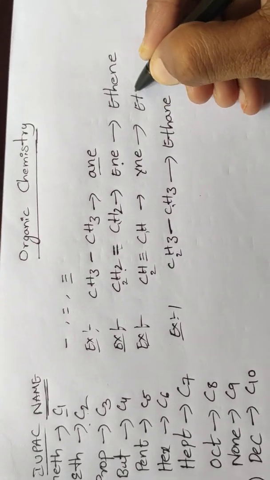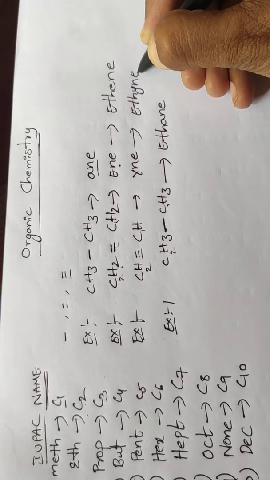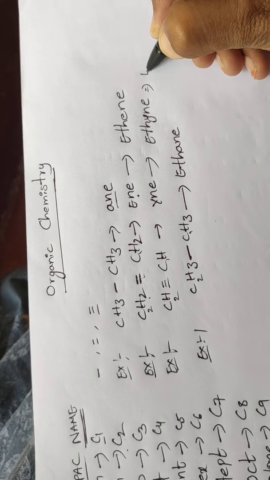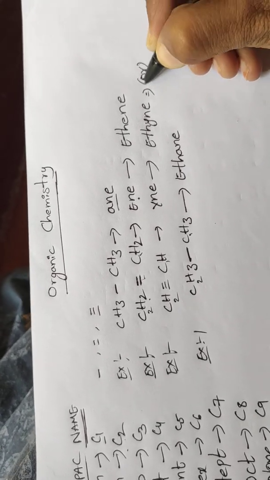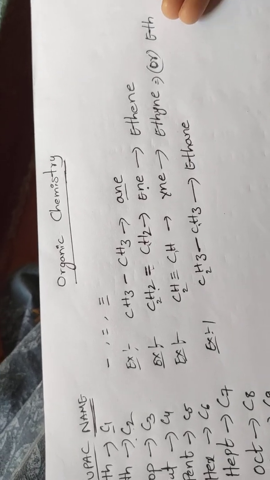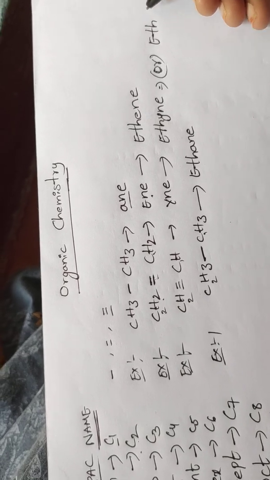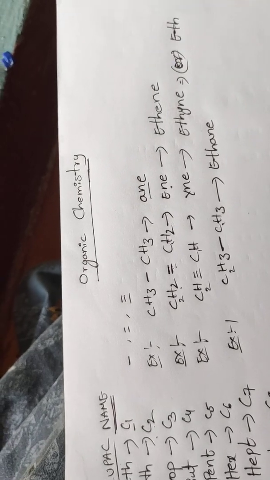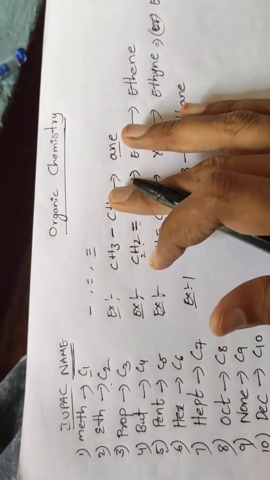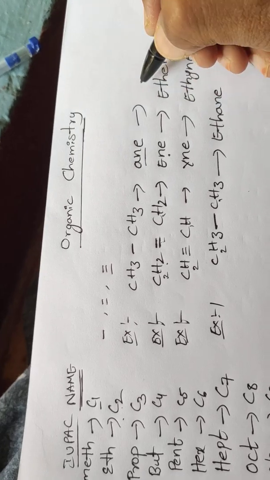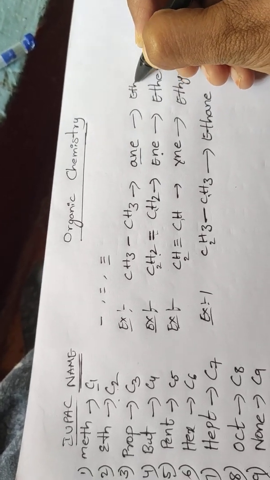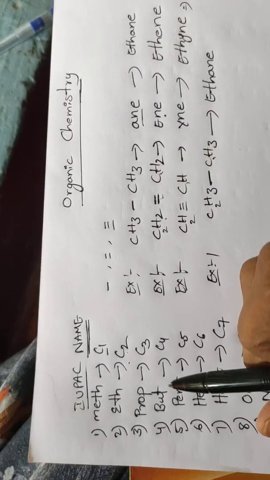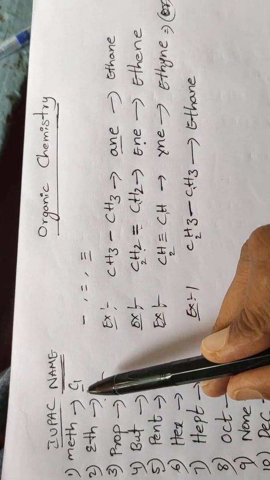So eth and ine, ethine, or ethylene. You can call it ethine. Next, the first one is also like ethane.